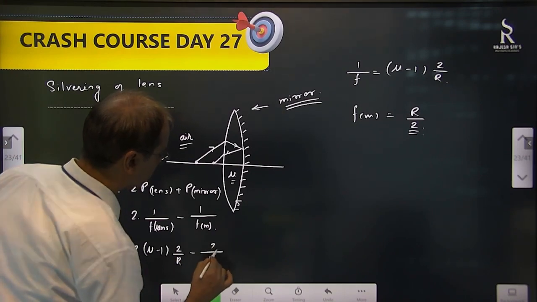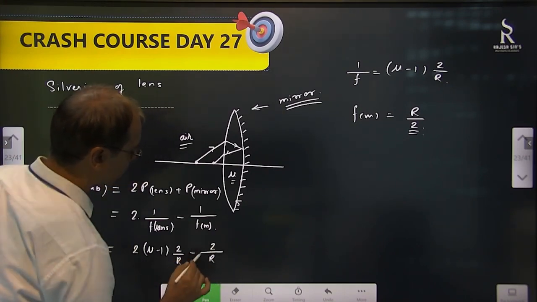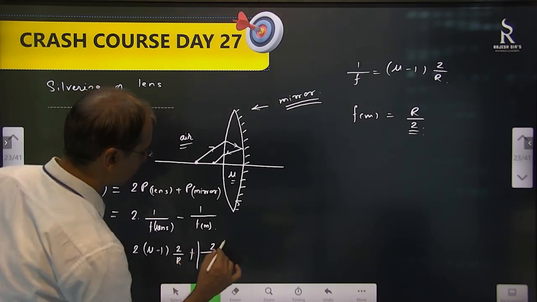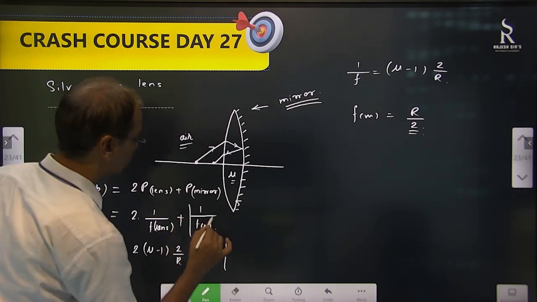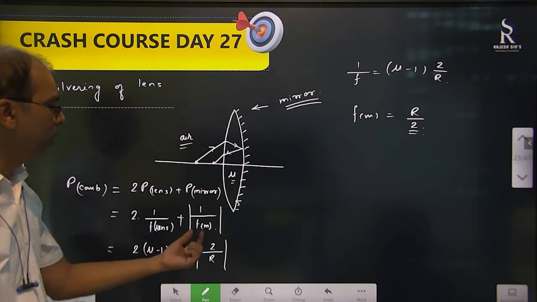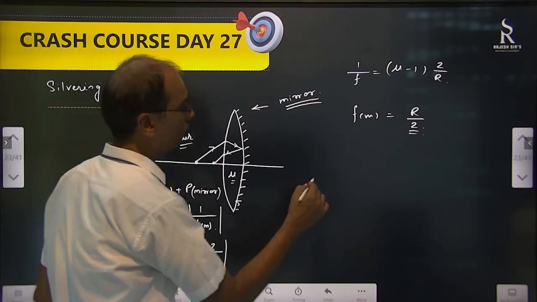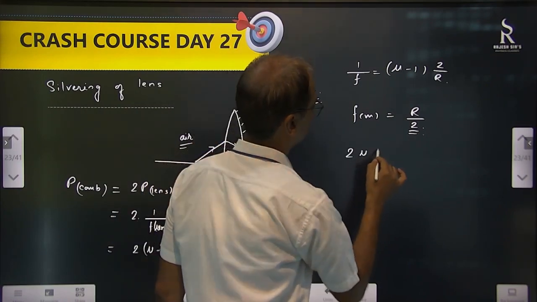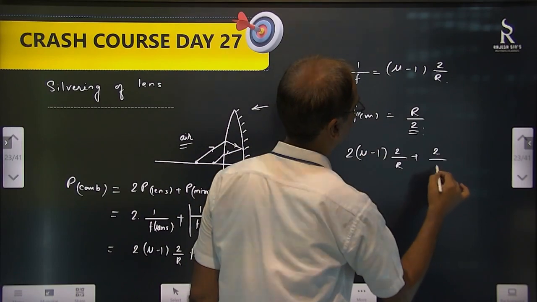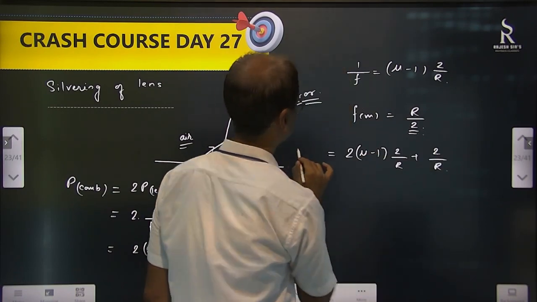Now, just forget about this minus and all that, okay? Just forget everything over here. Just do the plus only. So 2 into mu minus 1 into 2 by r plus 2 by r. That is what? Power of combination.